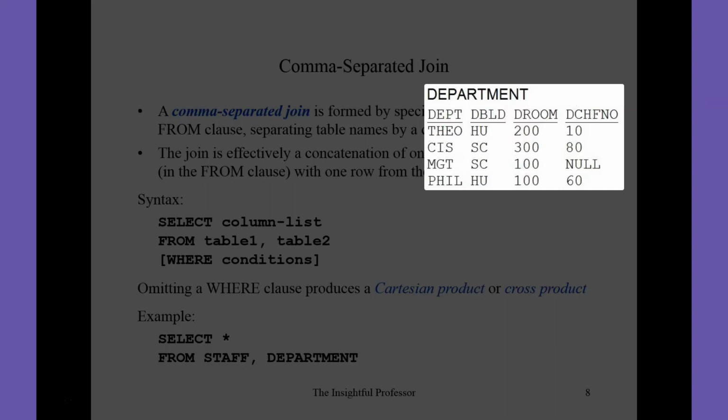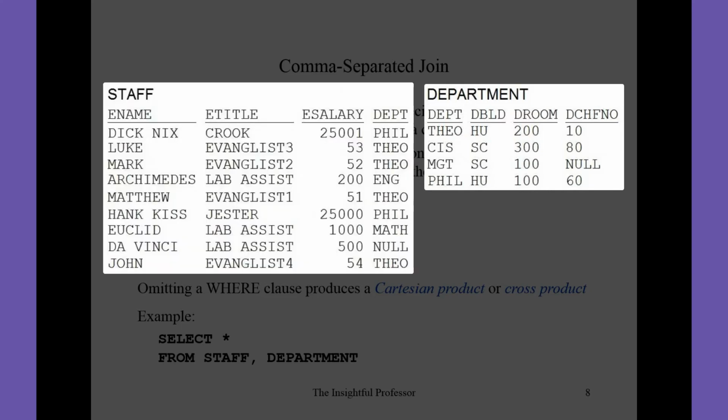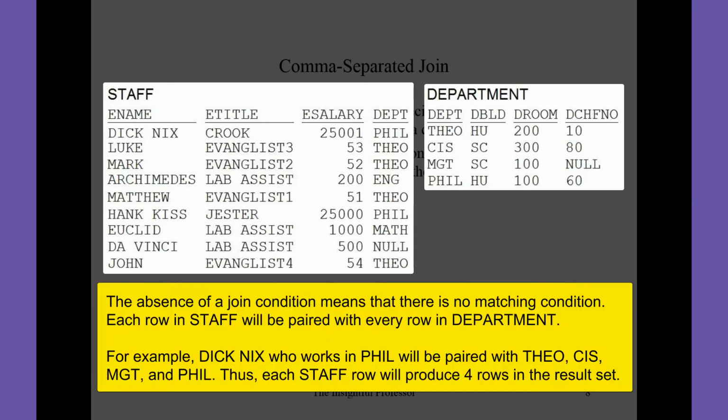Currently, the department table is populated with 4 rows, and the staff table is populated with 9 rows. The result of this cross product produces 4 times 9, or 36 rows. Think about this for a moment. The department column of the staff table can hold the value of 1 department.